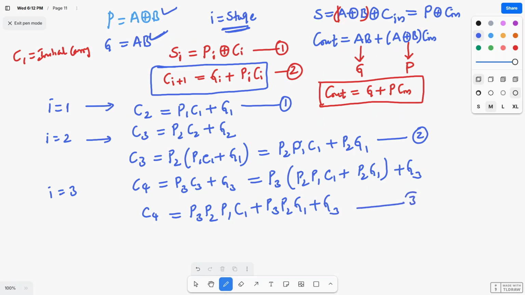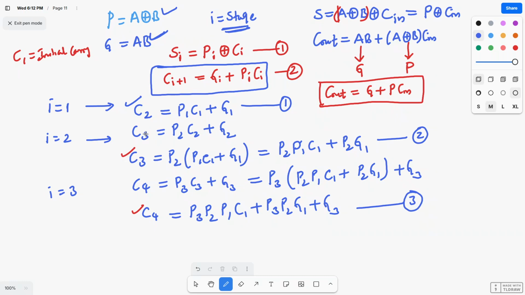From this you observe. Can you conclude anything? Observe this equation, and next this equation and this equation. Can you conclude anything?